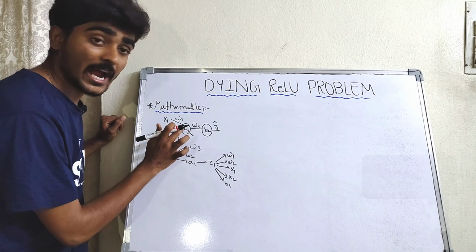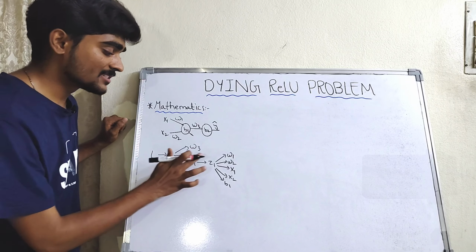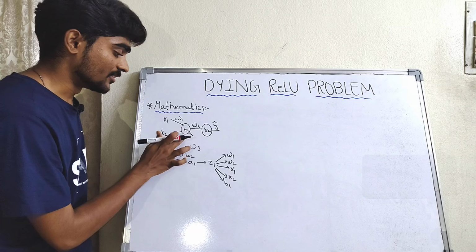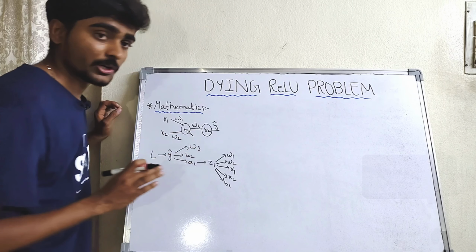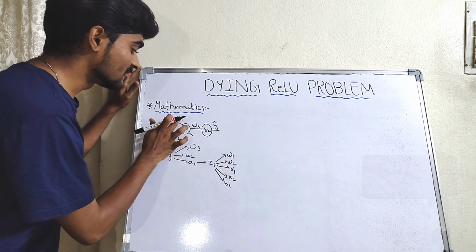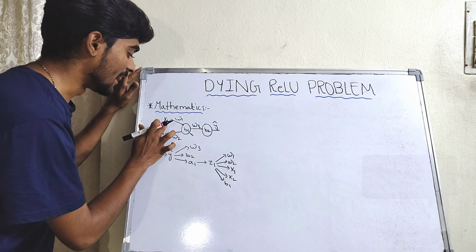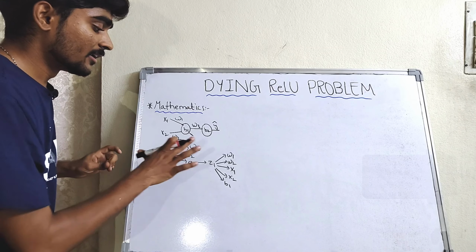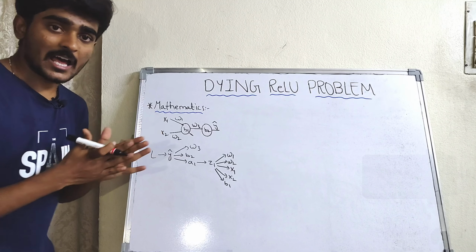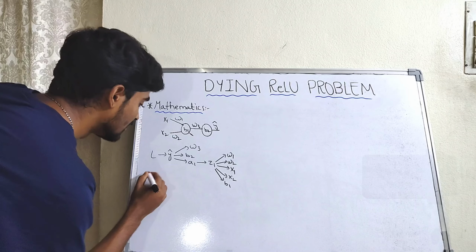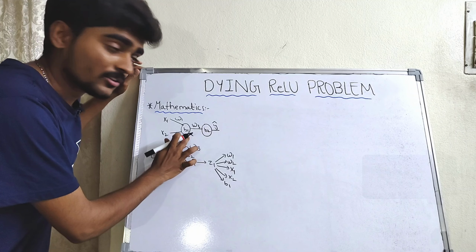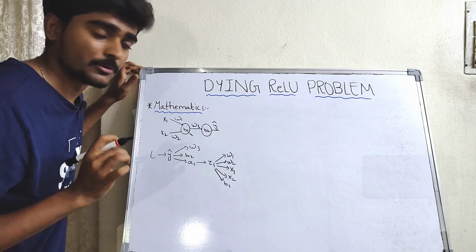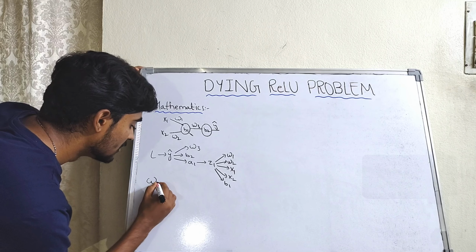A1 is directly dependent on Z1, the weighted sum value of this node, and Z1 is directly dependent on five parameters: W1, W2, X1, X2 and the B1 bias. Now let us write the weight updation formula. I'm considering this node, so I'll write with respect to W1 and W2, and ignore W3.